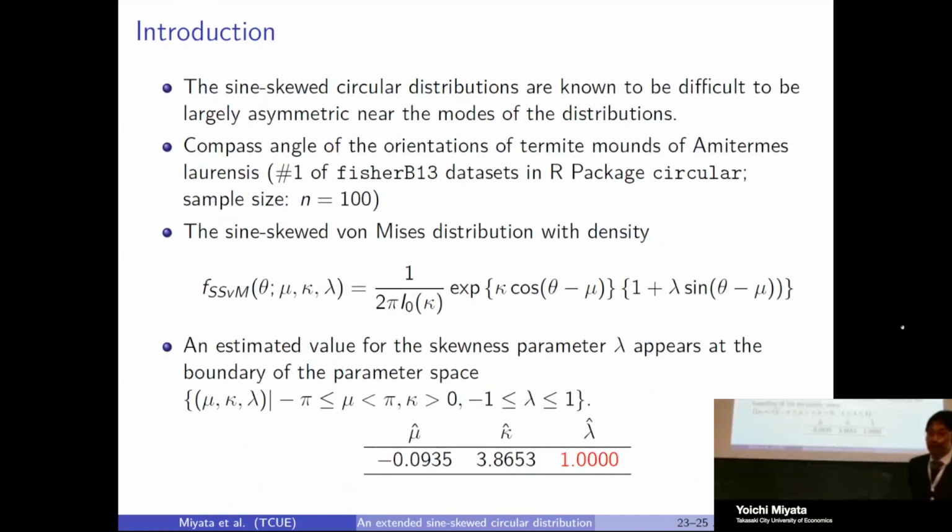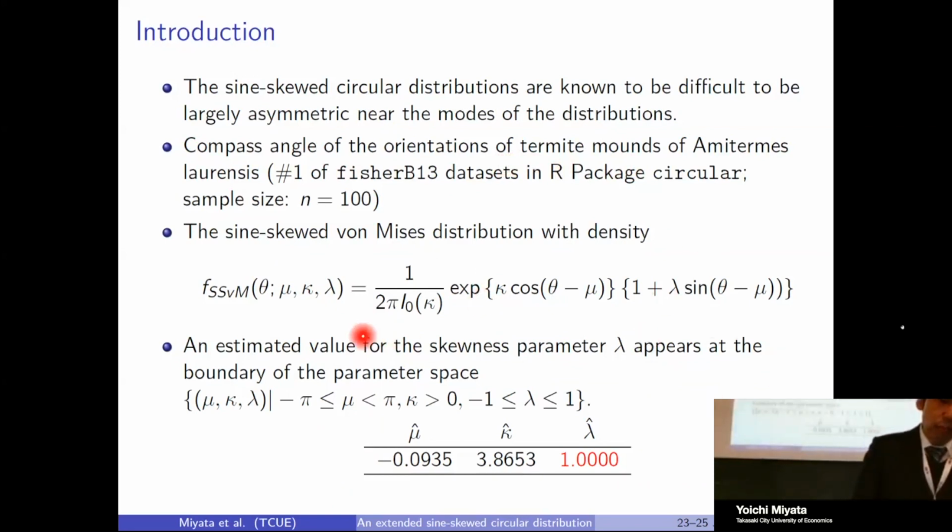But the sine-skewed circular distributions are known to have difficulty being largely asymmetric near the modes of the distribution. For a motivating example, here is the data set of the orientations of termite mounds. We fit the sine-skewed von Mises distribution to the data set.